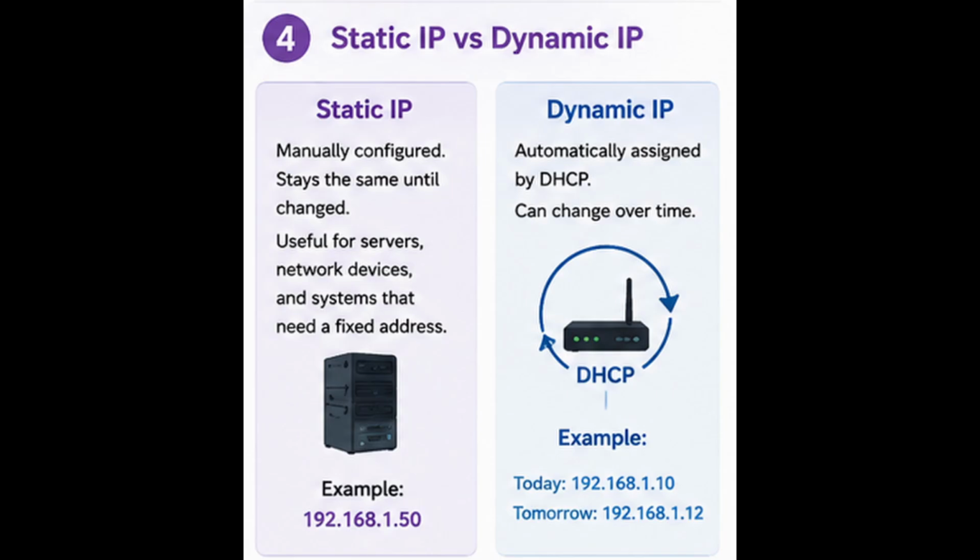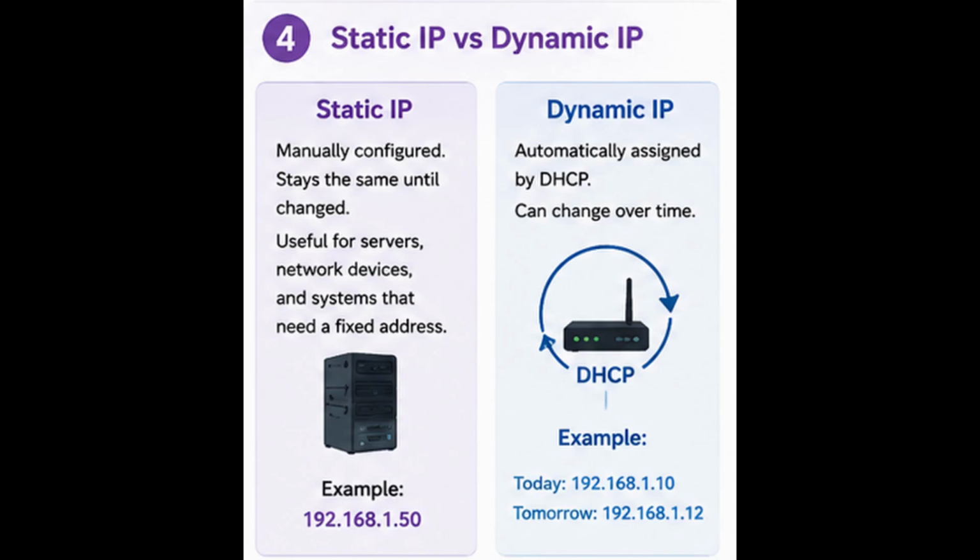Now let's talk about static and dynamic IP addresses. A static IP address is an address that is configured to remain the same unless someone changes it. Static addresses can be useful for servers, network devices, and other systems where you want a predictable address.